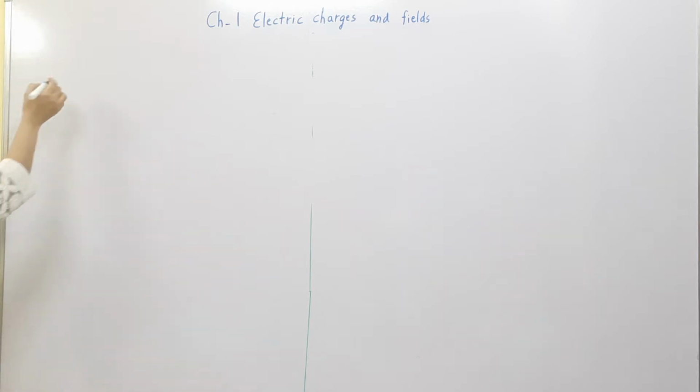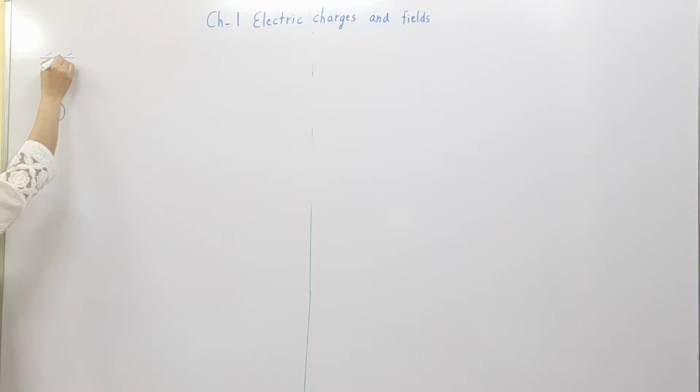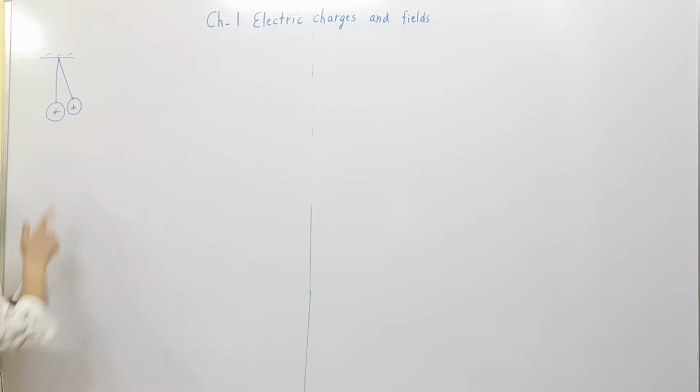So the pith ball touched with a glass rod rubbed with wool or silk is suspended with a thread like this. Another pith ball is suspended with another insulating thread, which is also touched with a glass rod rubbed with wool or silk.